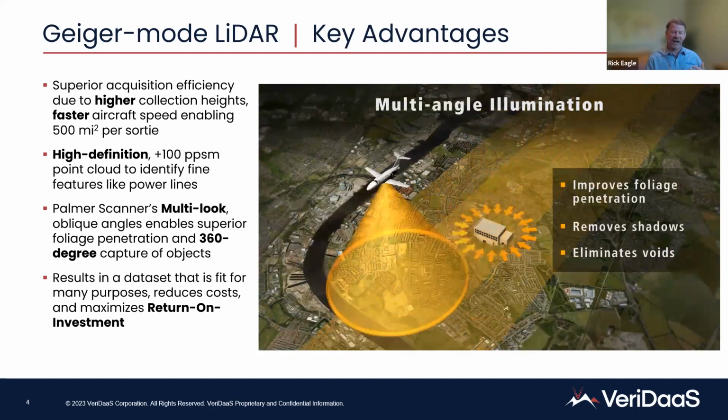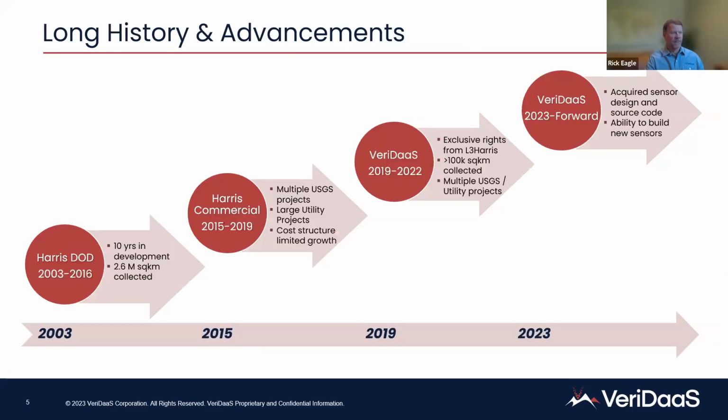It eliminates shadows and eliminates voids and really provides a superior product because of that multi-look angle. And overall, this enables us to get a single data set that's a very high density that can be used for multiple things and provides really great return on investment to our clients.